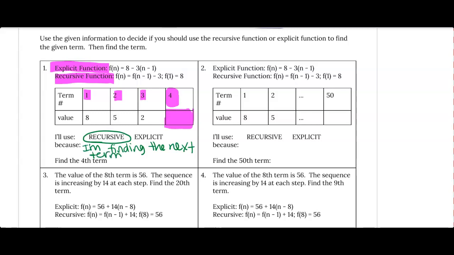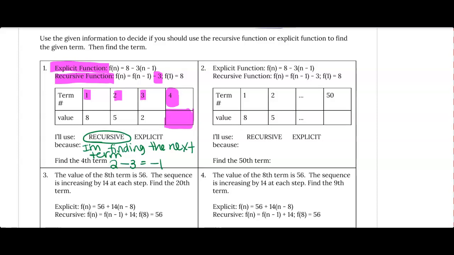To find the 4th term, I'm just going to do 2 minus 3 to get to negative 1. I know this because I looked at my common difference up here in my recursive formula.